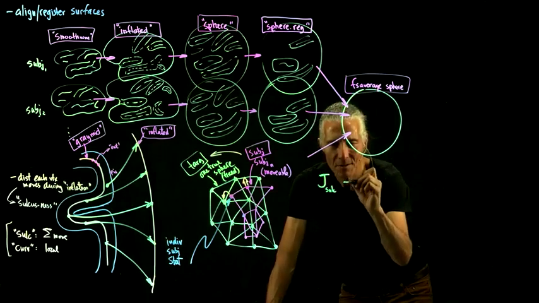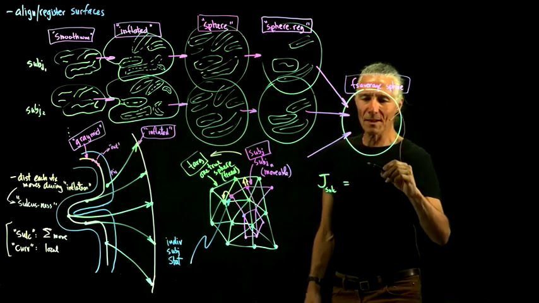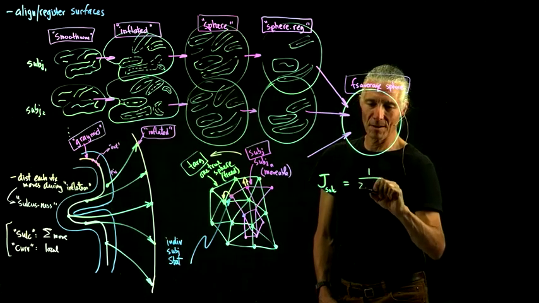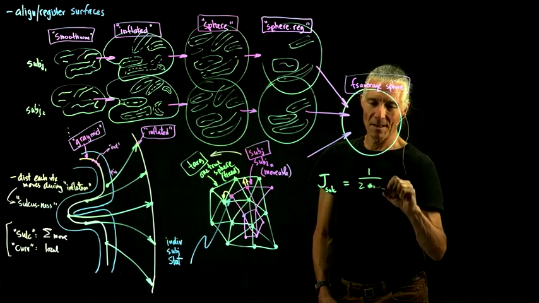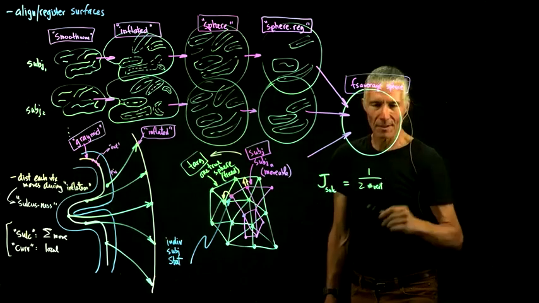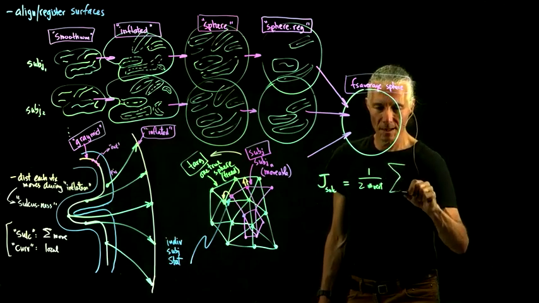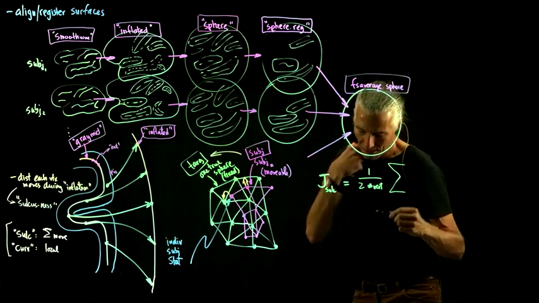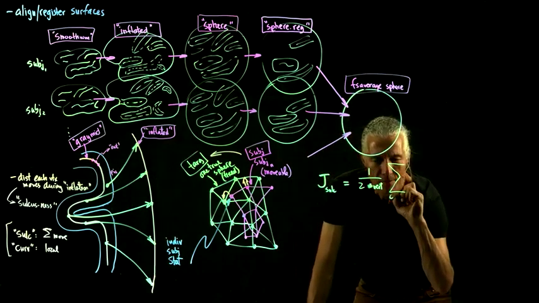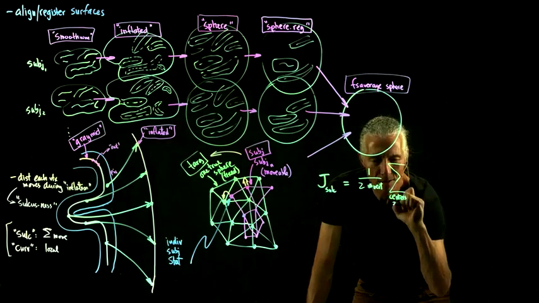And so what is our definition of that? It's going to be a sum across all the vertices of all the centers. This is 2D centers now, so it's not 3D, 2D.